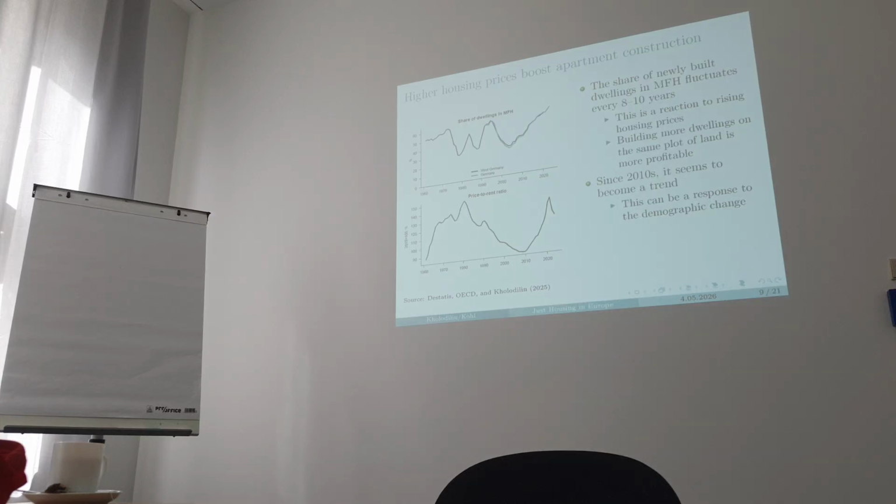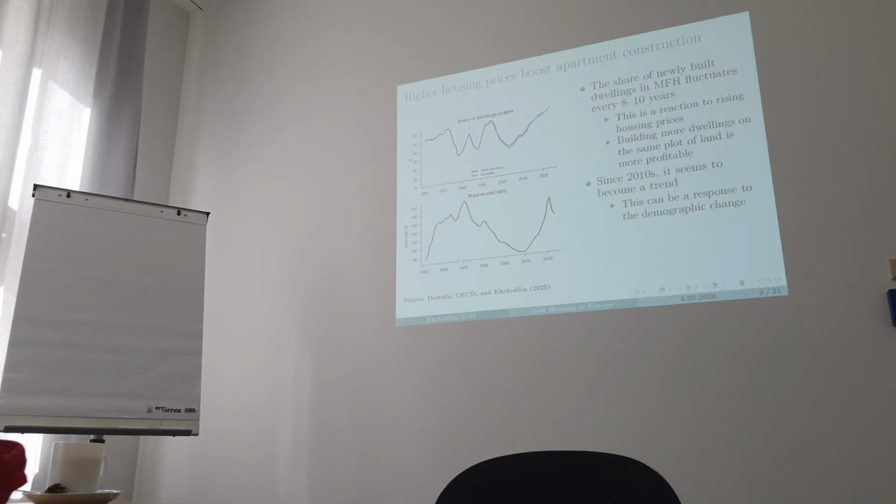When housing prices are increasing faster than rents, then we have this indicator increasing, and this points to a boom being built up, or even a speculative price bubble. And on the other hand, we have the share of dwellings in multi-family houses, or apartments, if you wish, flats and apartments. Why is it important?